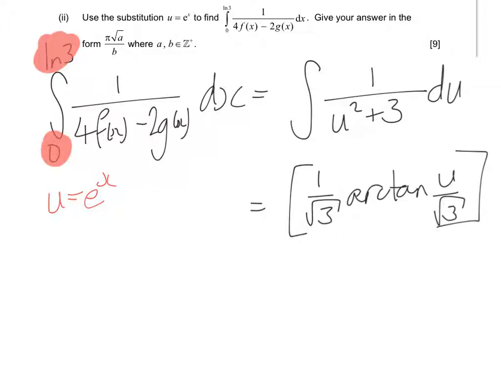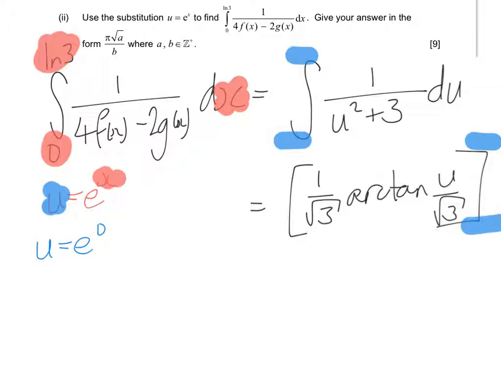Those red highlighted ones are x values, and we need to change them into u's. We just evaluate u when x is 0, which is 1, and when x is log 3, which is 3.